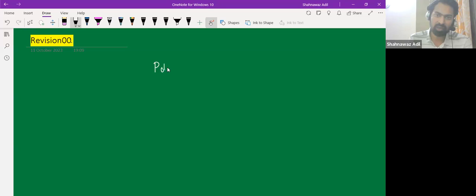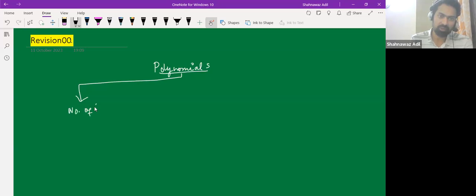There were two definitions. One was based on the number of terms, and the other was based on the power on the variable, right?